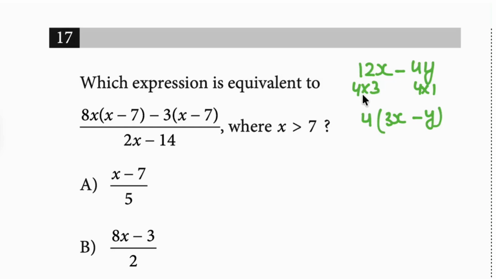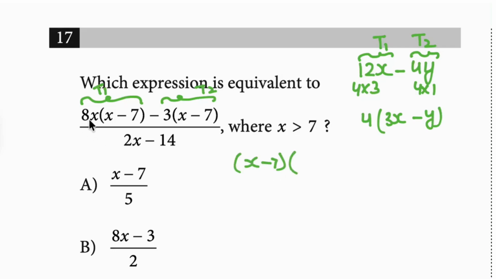Similarly, in this question, this whole is term 1 and this whole is term 2, and we can see x minus 7 is a common factor, as 4 was here. So we will take x minus 7 common.